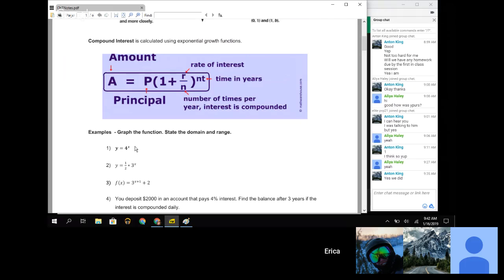So if you have a bank account, a savings account, a money market account, anything like that, the idea with a general savings account that earns interest is that you put your money in there and your bank pays you interest for every month or 6 months or a year that you keep your money in your savings account.